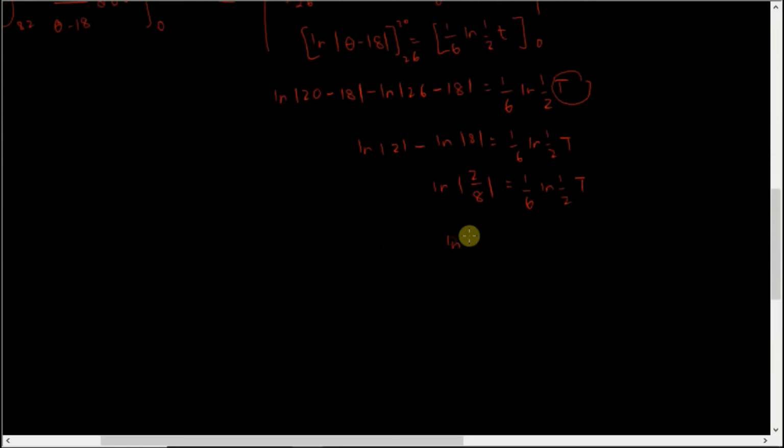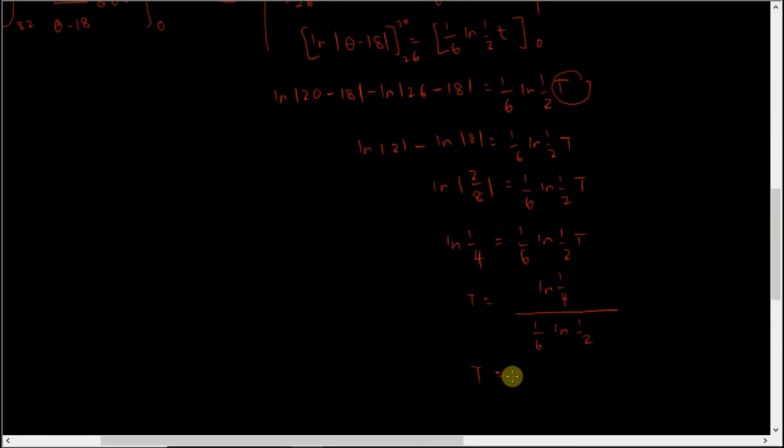So ln 1 over 4 equals to 1 over 6 ln 1 over 2 t. So we want t equals to this whole thing, ln 1 over 4 divided by 1 over 6 ln 1 over 2.